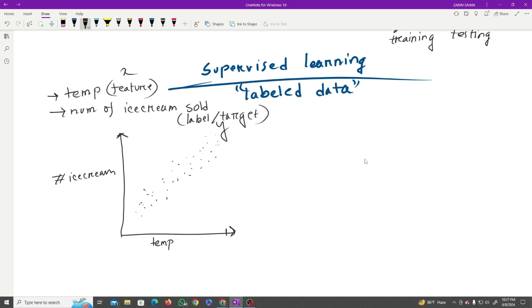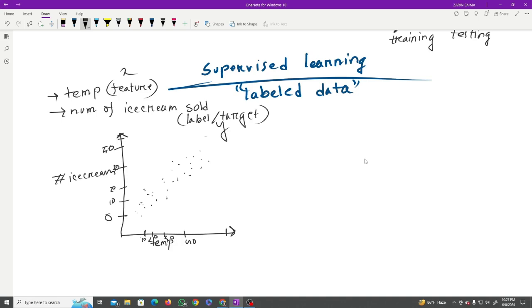By looking at this, you can see that we can draw a line through these data points, right? If we draw a line over here, that won't be the best fit line to the data points that are given here, correct? Then suppose we draw a line like this. That is also not the best fit line. The best fit line that we want is the line that goes through all these data points.